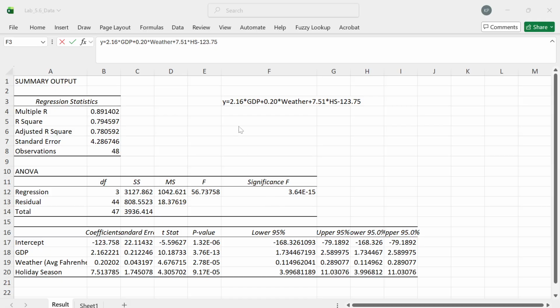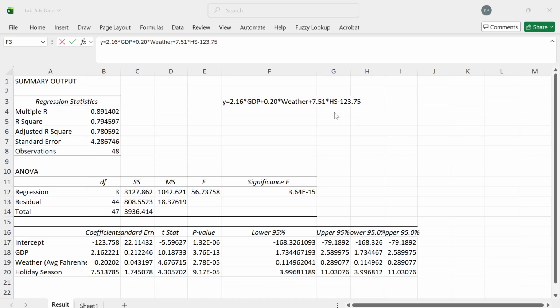For example, if you ask me, GDP is 100, for example, 0.65, I put GDP in this part. And for example, weather is 73, and I put 73 in this part.